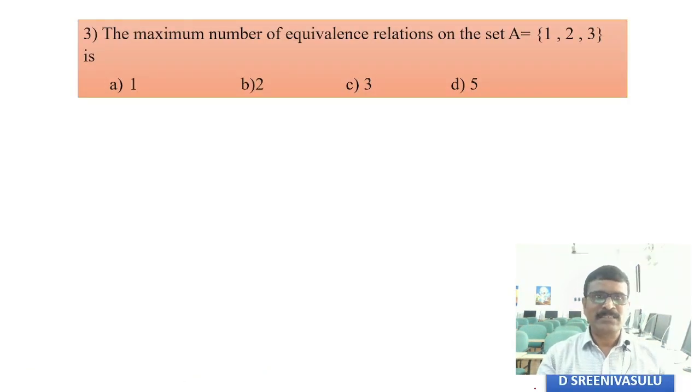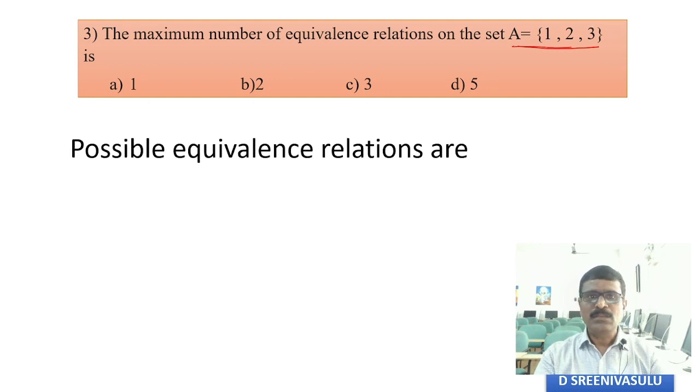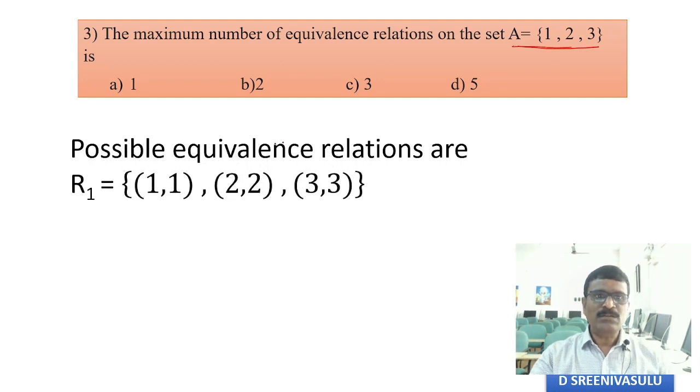Question number 3. The maximum number of equivalence relations on the set A equal to {1, 2, 3} is. A is given as {1, 2, 3}. Let us take all possible equivalence relations. The first one is {(1,1), (2,2), (3,3)}, because it satisfies reflexive, symmetric and transitive.